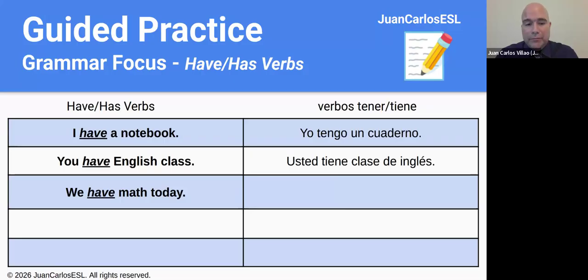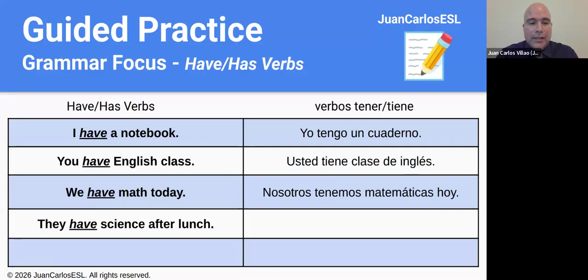We have math today. Nosotros tenemos matemáticas hoy. They have science after lunch.